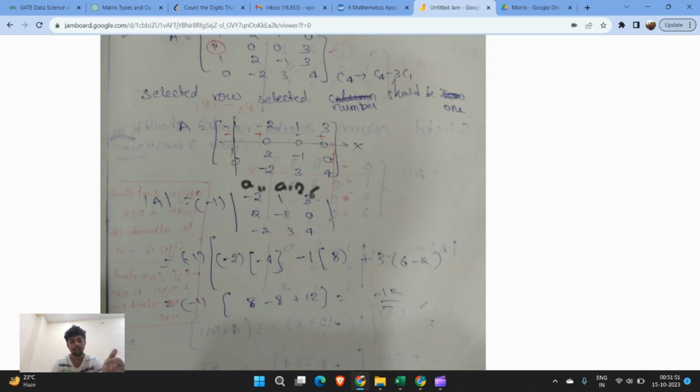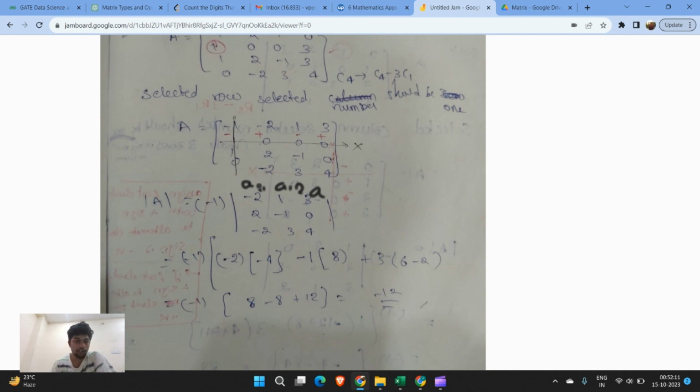This is indicated as A13. In the same way, this is A21, A22, A23, A31, A32, A33.